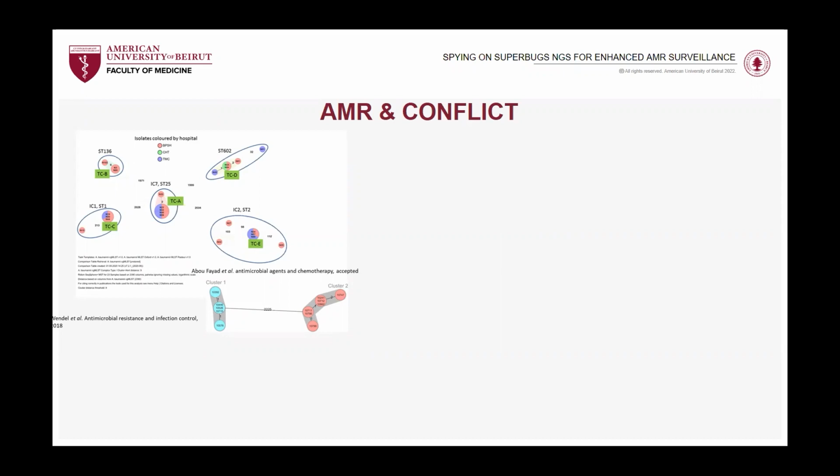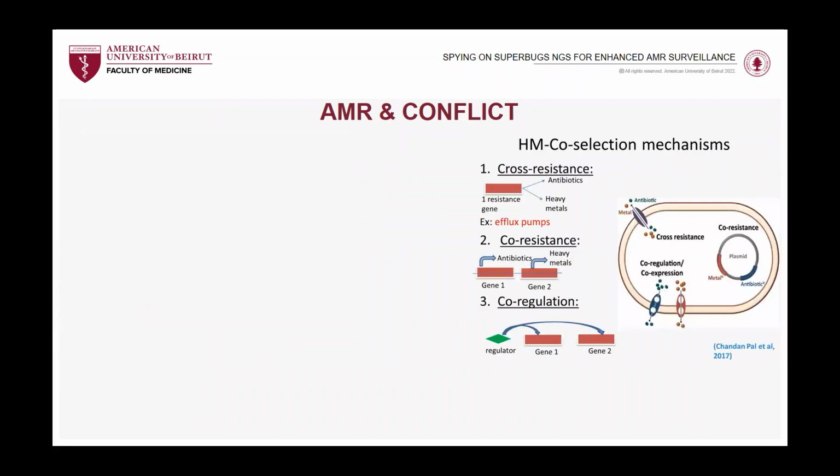These were burn patients, war-wounded patients as well. It's very important to highlight this: war-wounded patients, not just any patient who walks into the hospital. And we started looking for one of 3 things: cross-resistance, co-resistance, or co-regulation. Cross-resistance is whenever one efflux pump can pump out both the antibiotic and the heavy metal, and it could be activated by either.